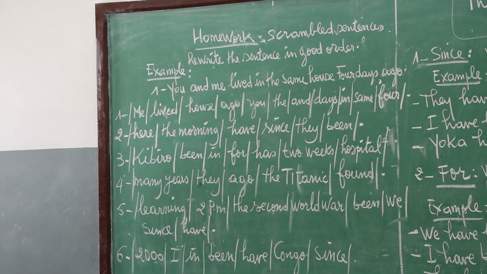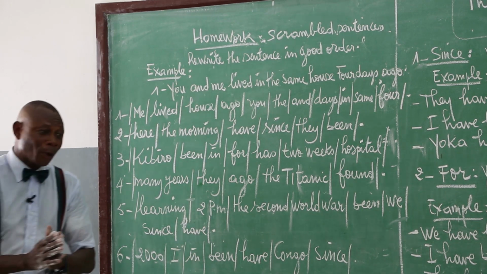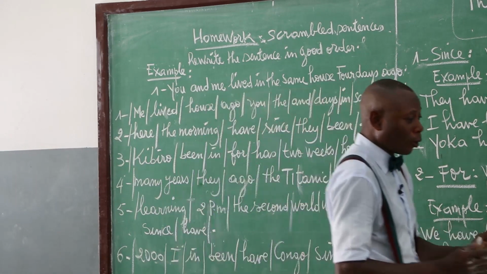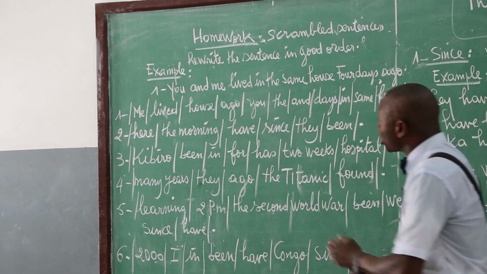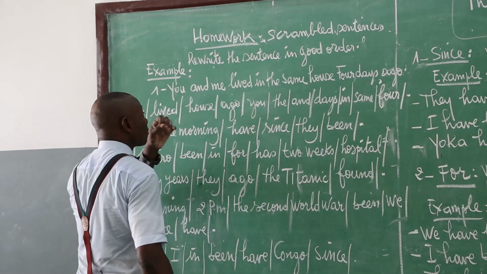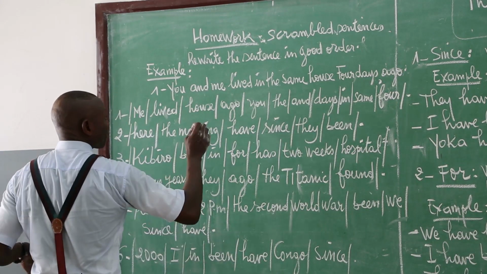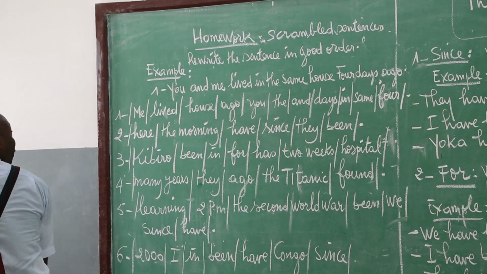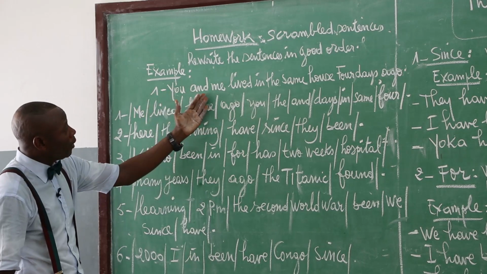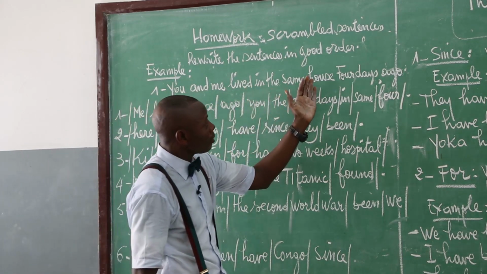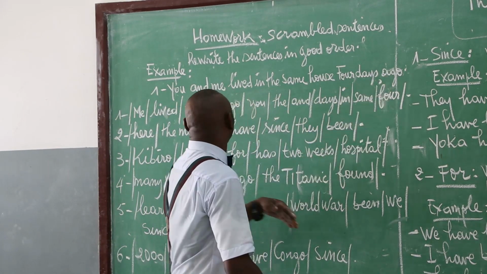Well, here is the work you are going to do after this. You may do it maybe tomorrow or tonight, or this evening, you can do it at home. So it is said to write the sentences in good order. Example, you and me lived in the same house 4 days ago.